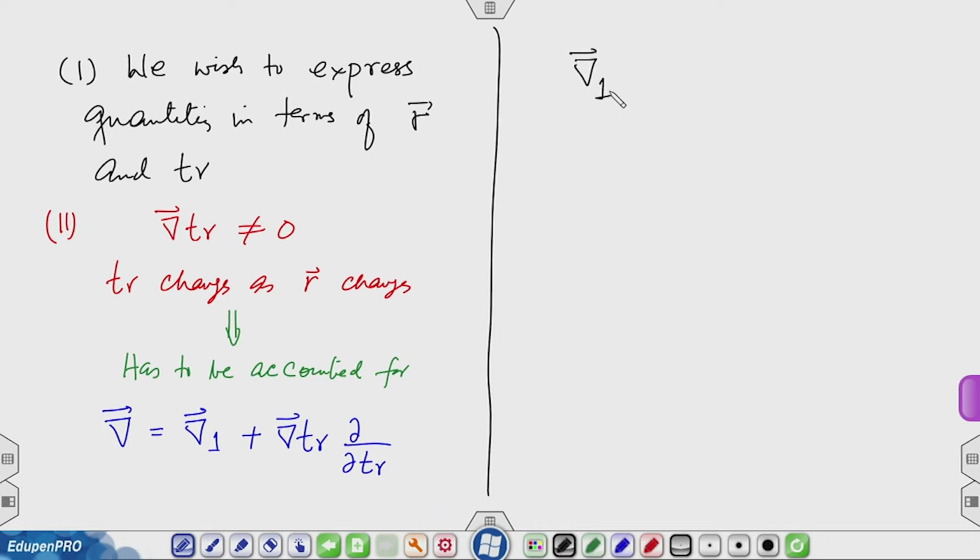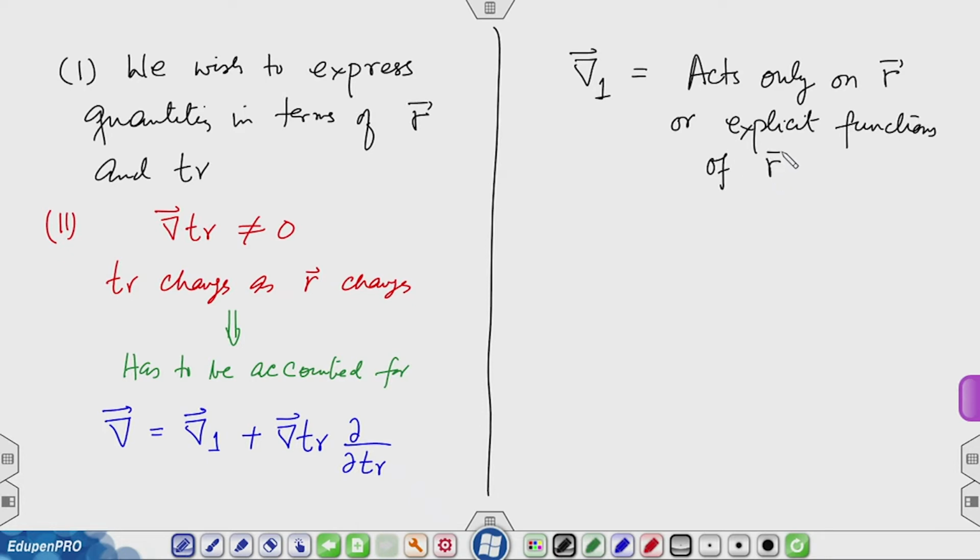Grad 1 acts only on r, or explicit functions of r and r alone. So, we are treating r and t_r separately.